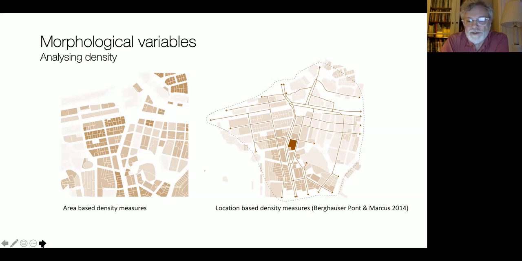You can also do location-based density measures, and then it instead turns into an accessibility measure. What you measure is how much floor space I reach from a particular location within a certain radius. And that gives a very different description. You can use the same data and get very different descriptions. And again, it's about what you're looking for. One can be good for certain things and the other for other things, obviously.